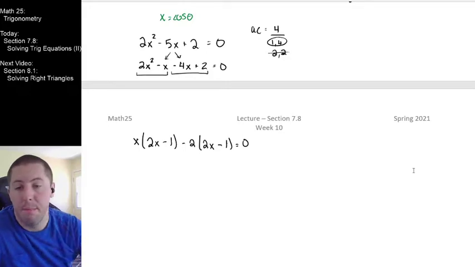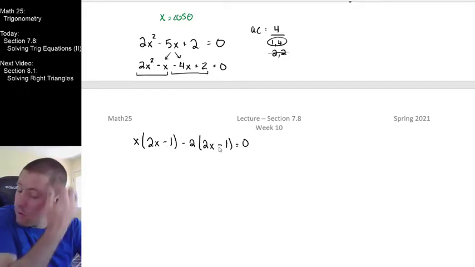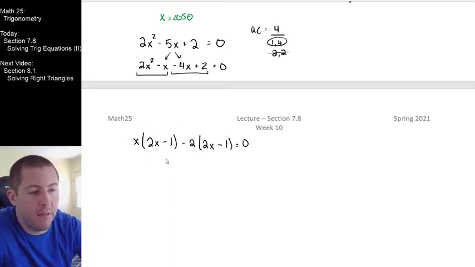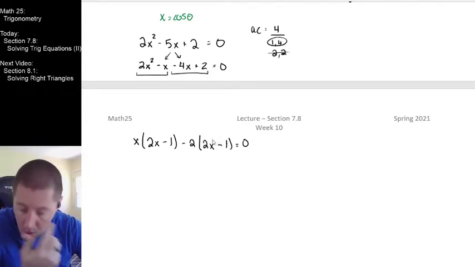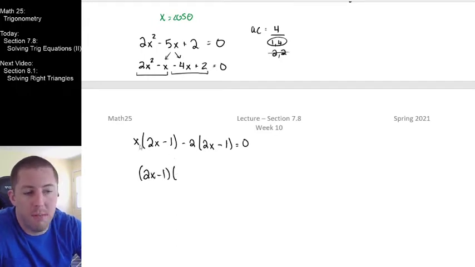And now the little magic thing that happens with the AC method, if you did it right, is that your two remainder groups are identical. So out of the first term versus the second term, what do they have in common? They both have a factor of 2x minus 1. What terms are left over?